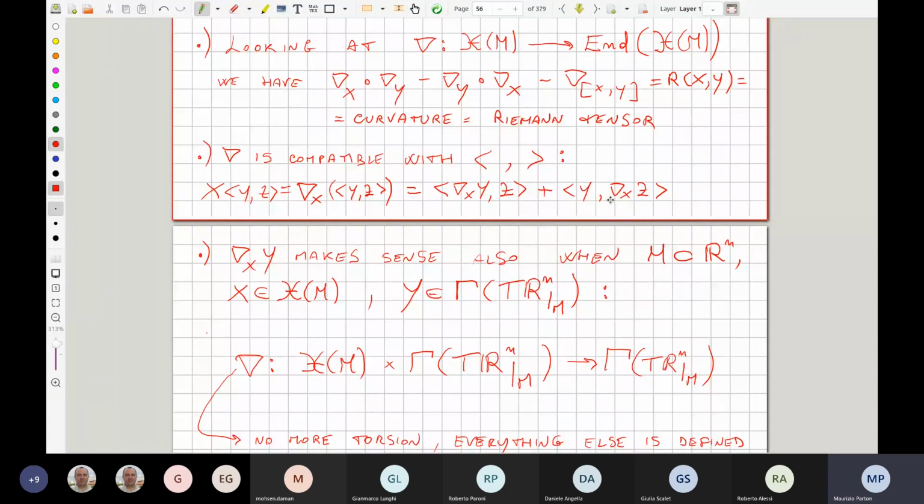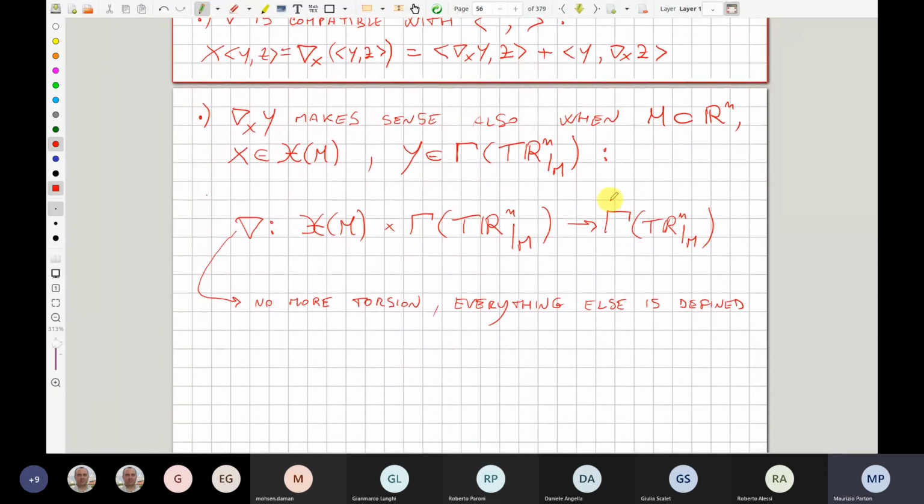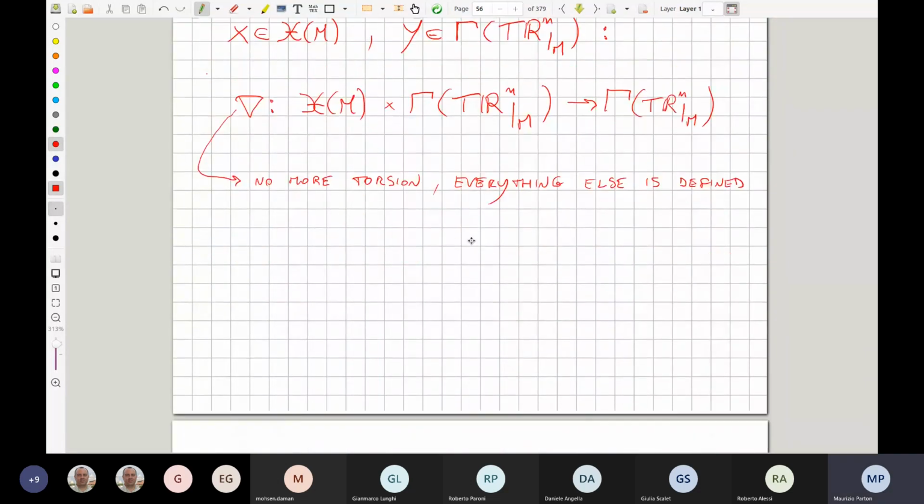Okay, and then we remark that all of this makes sense also when the second argument is no more a vector field tangent to the manifold, but something more. It's still a vector field along the manifold, but the vector can be also in another direction, not only the tangent direction to M, but also other directions. In particular, we will be interested in the normal direction.